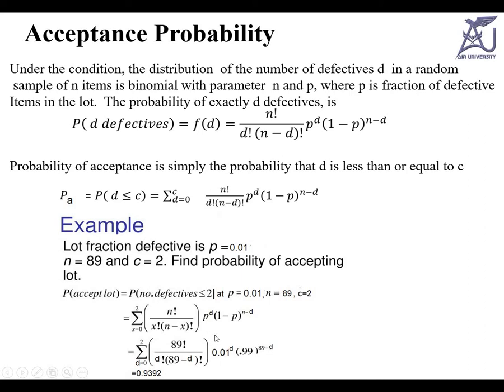This can be calculated very simply using a calculator, and because we are looking at C equal to 2, that means 2 or less, the maximum is 2. If 3 is found in the sample, you will straight away reject the lot, but we are going to find out the acceptance probability, that is PA.